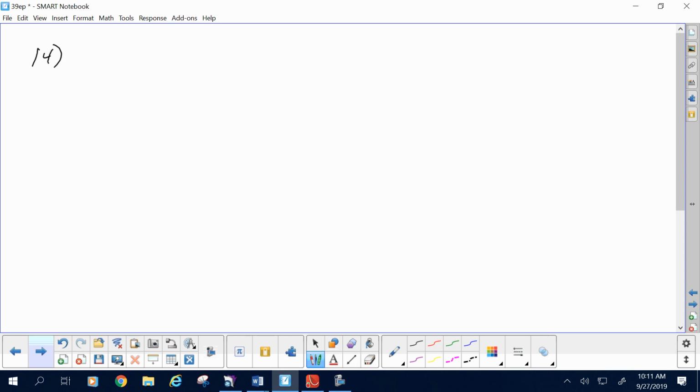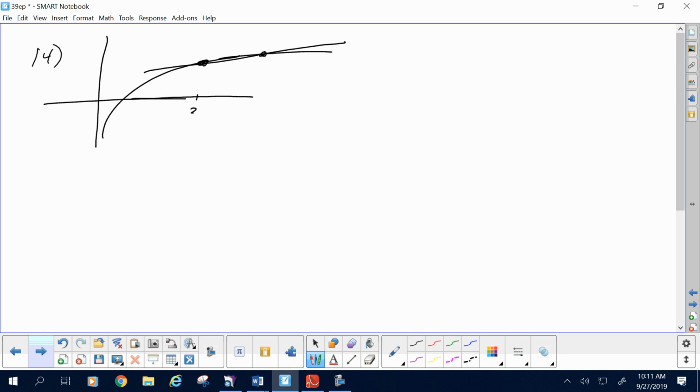14. They say you've got the log function, and they're asking you to make some kind of function for the slope between these. So if you say the slope is f at x minus f at 2 over x minus 2, or better, natural log x minus natural log 2 over x minus 2, that's what they want you to put in your calculator.